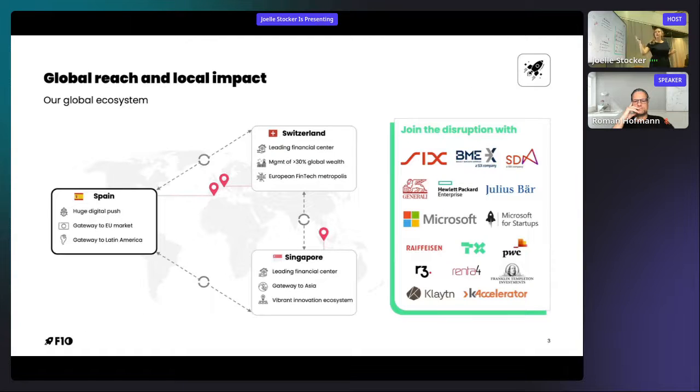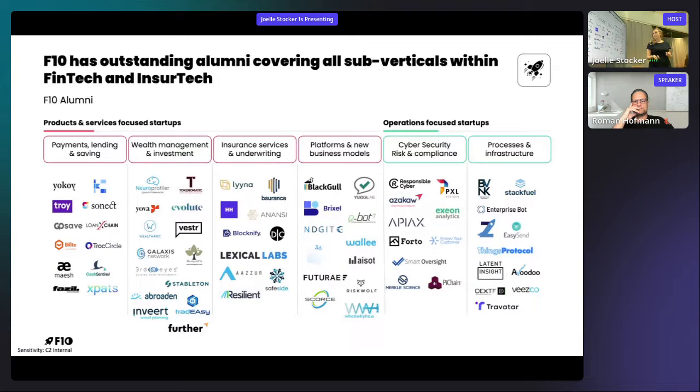As mentioned before, we pride ourselves in having this global reach and local impact. So right now we have these 3 locations where we're active, and we're building continuously on new locations with our partners, which also means that we can really easily adapt to our partners' needs and basically offer them whatever they're looking for.